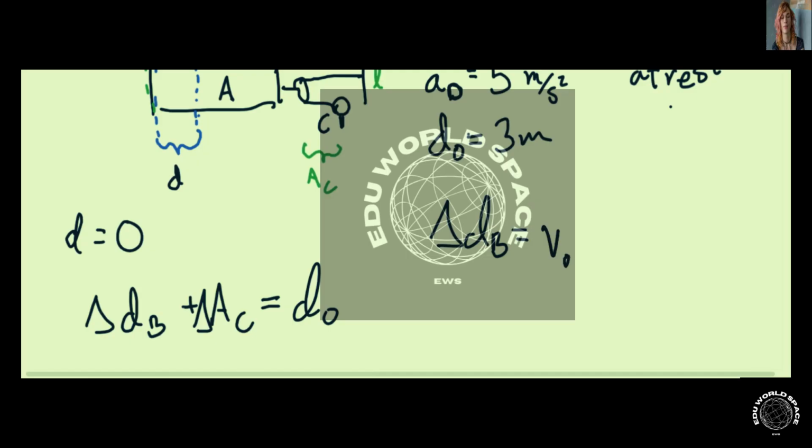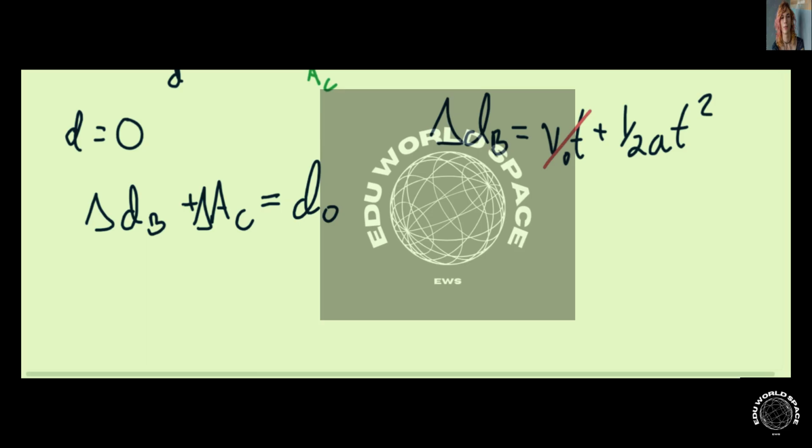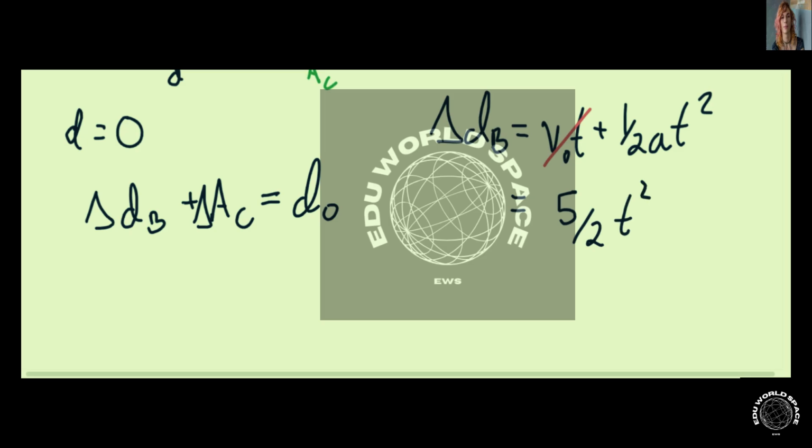So that's just V naught t plus 1/2 a t squared. And we know that V naught is 0 since the system is initially at rest, so we can discard that term. And if we plug in a here, this is just 5/2 t squared.